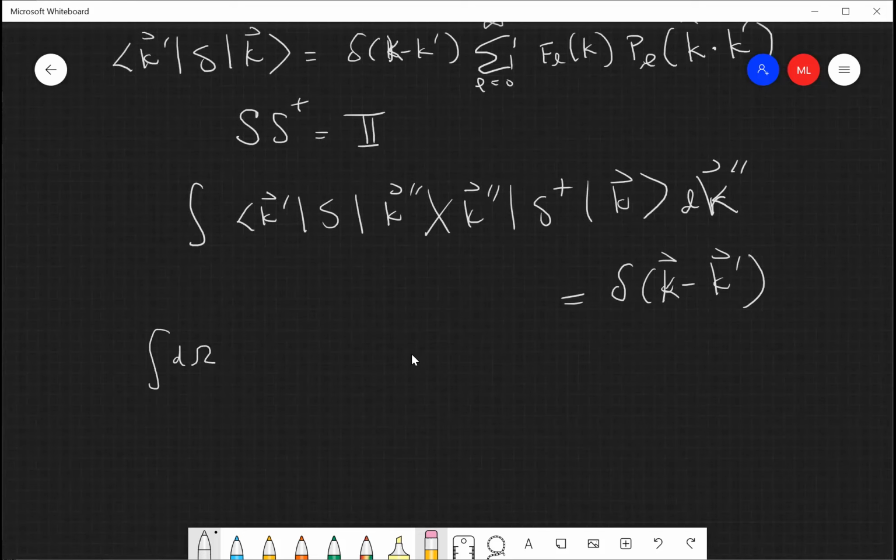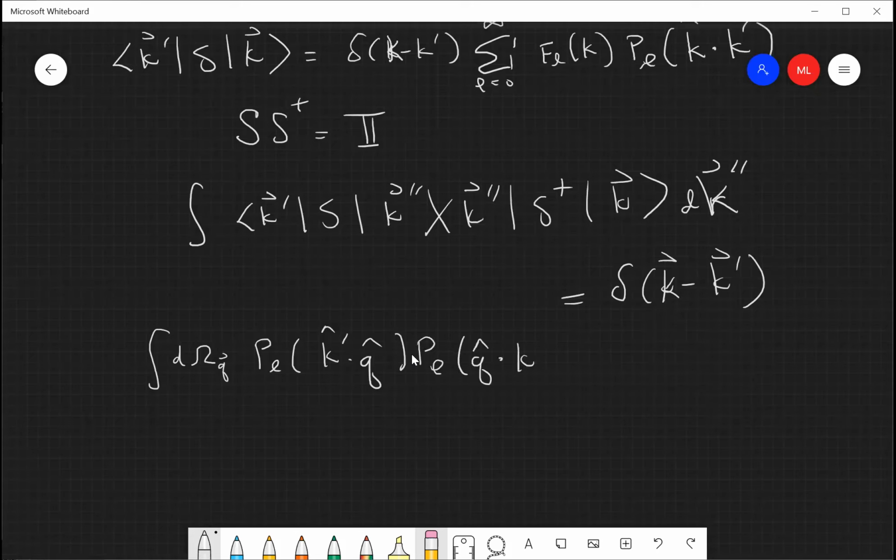For instance, you'll need to use the identity that the integral over orientations of the product of two of these Legendre polynomials, say P_l of k prime dotted with q, the one you're integrating, and P_l of q dotted with k hat, is equal to 4 pi over 2l plus 1 times P_l of k prime dot k.